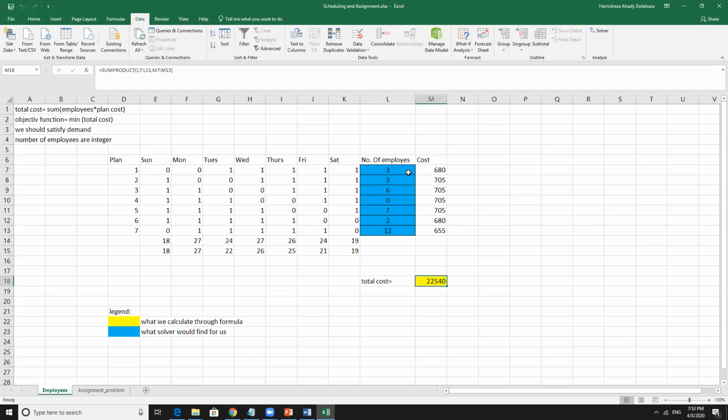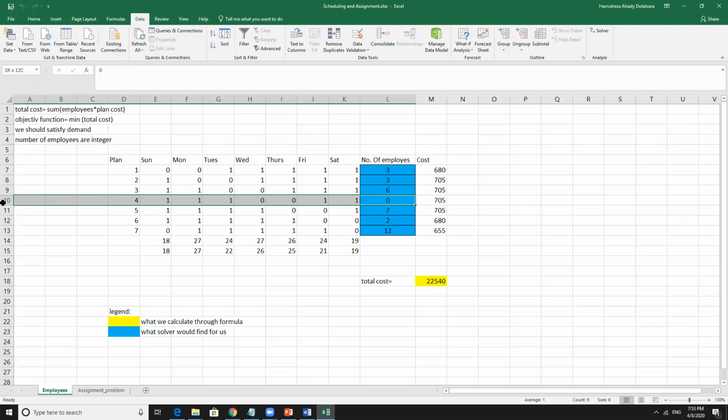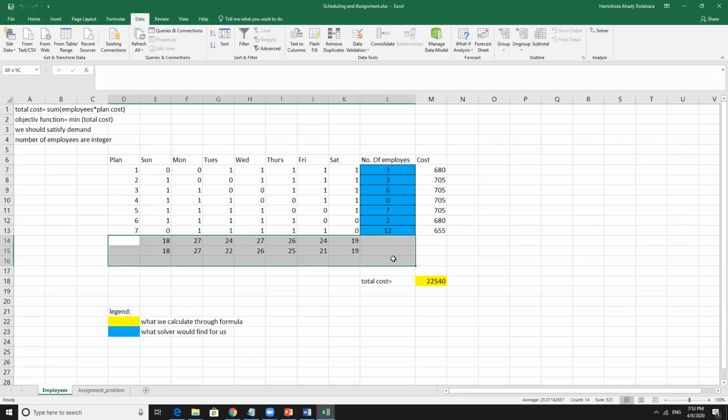So you see that almost we have employees from each plan except for plan 4. No one is selected. And if you look at the demand limitation, in some days we have more than the demand.